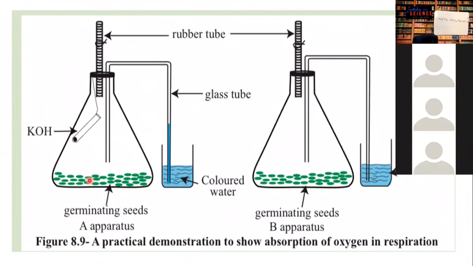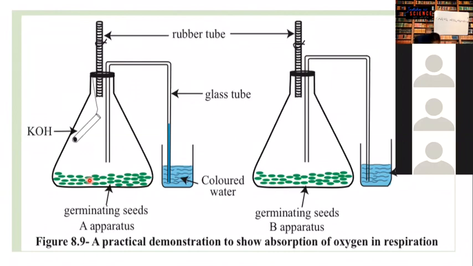Now, write down, if you have a tube: in respiration, the absorbed volume of oxygen is equal to the released volume of carbon dioxide. That's the one assumption. That's the one answer for that question. Absorbed volume and released volume are equal.